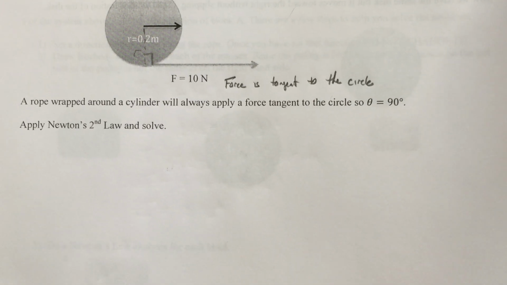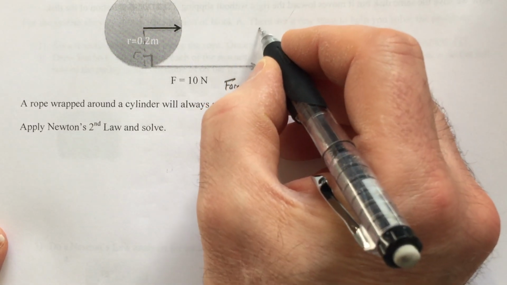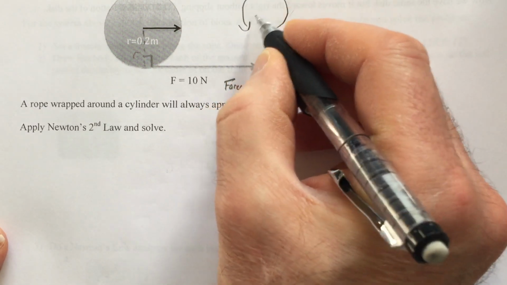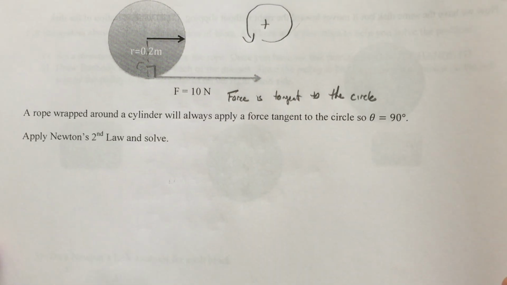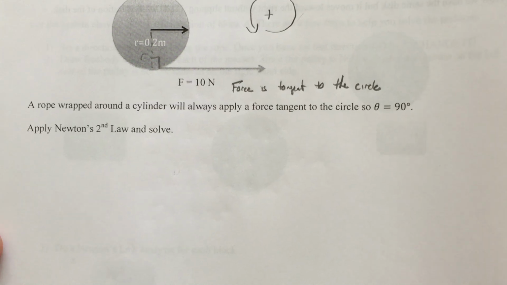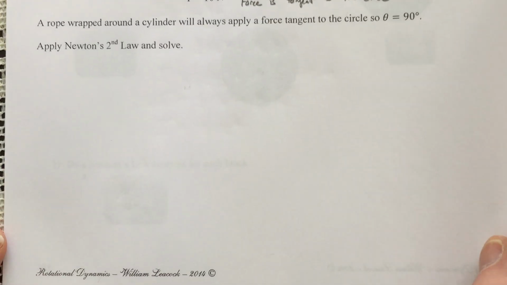So let's apply Newton's second law, but rotationally. Now we're going to set a direction for positive for this thing, and I'm going to call rotating in that direction as positive. I know that is not the direction for the convention, but we're not always going to stick to that because sometimes it's actually easier to call the other direction positive, and we'll get to that in a second.